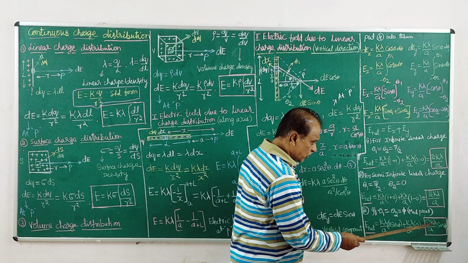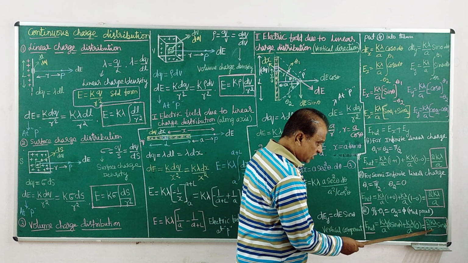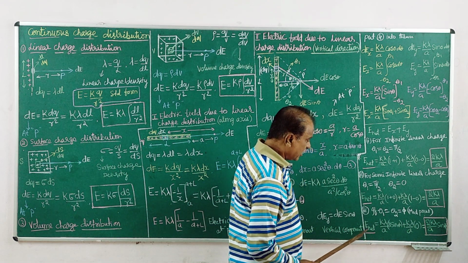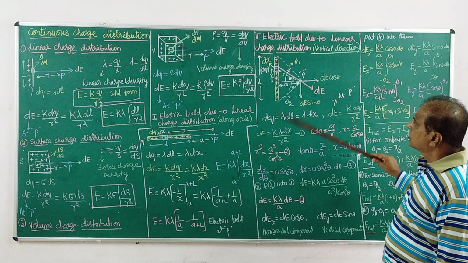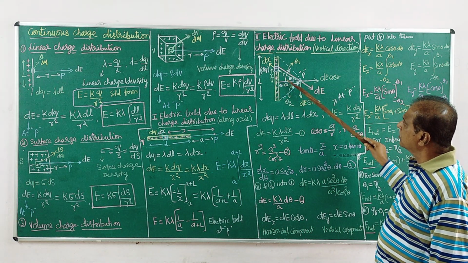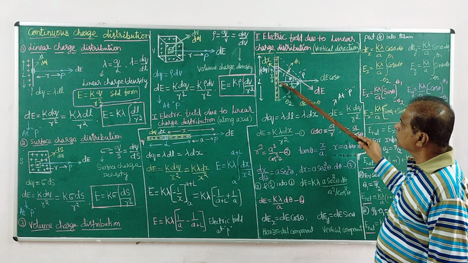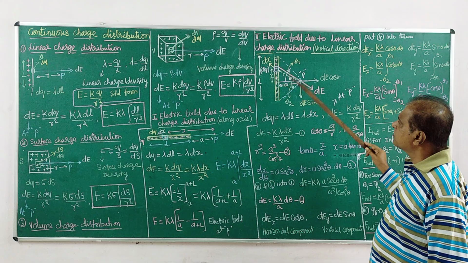This is only 2k lambda sin pi by a. That is the mathematical expression for the electric field at this point when theta 1 is equal to theta 2, when you take the vertical point exactly at the midpoint of this linear charge. So these are the different possibilities.